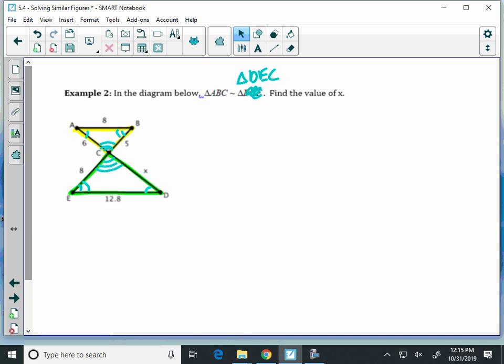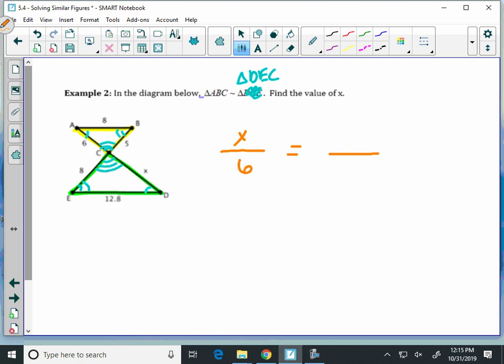So we want to find x. Is x a missing side or a missing angle? The missing side. So you're going to set up a what? Proportion. I'm finding x. That's going to go on the top. X is in between 1 and 3. Which side of the other triangle is in between 1 and 3? 6.